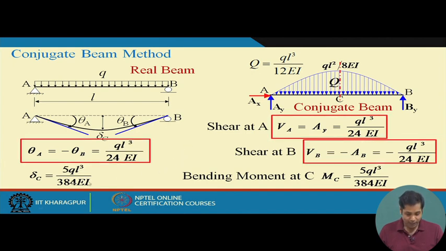Please check this. And another thing is the bending moment at C of the conjugate beam gives you the deflection of the real beam at C.